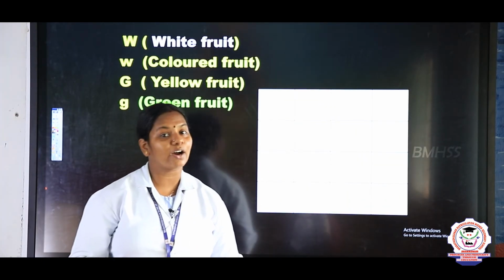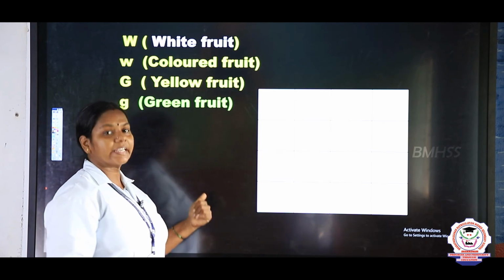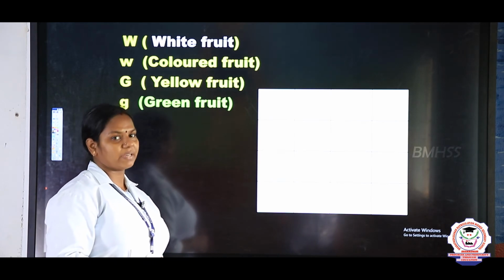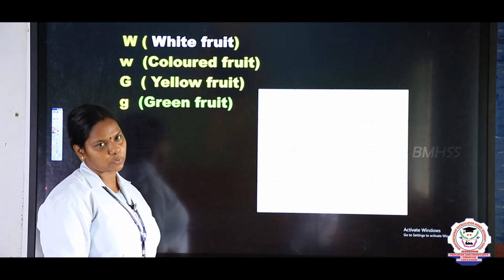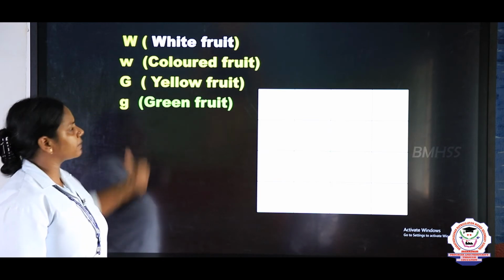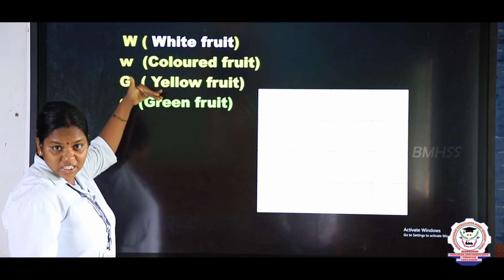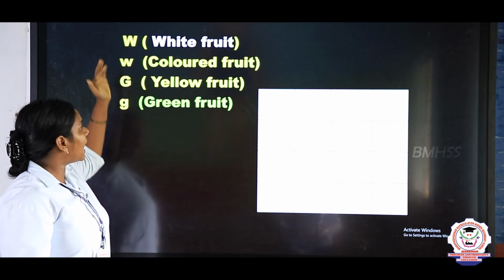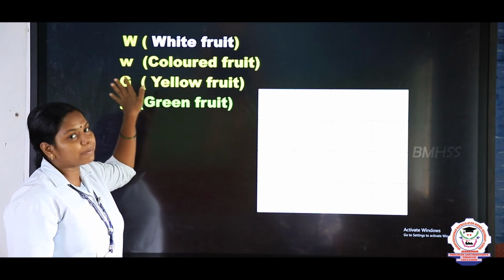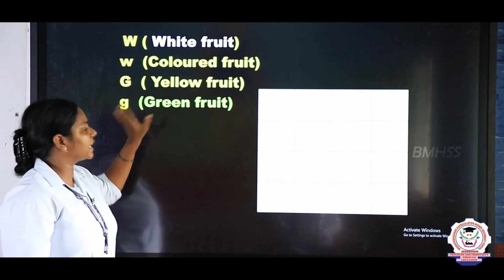Children, now we are going to see the example for this dominant epistasis in summer squash. There are four types of genes. One is responsible for the white fruit, and another gene is responsible for the colored fruit: capital G is responsible for the yellow fruit, and small g for the green fruit.